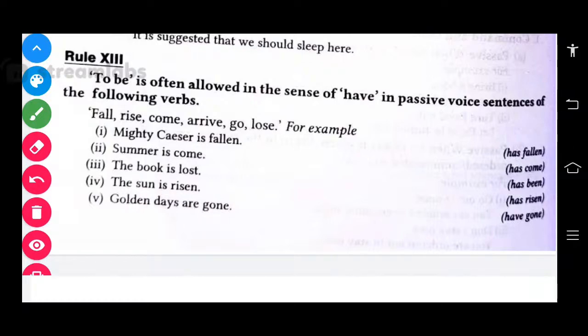So in the place of have, we can use is. Sun is risen means sun has risen. Golden days are gone means golden days have gone.